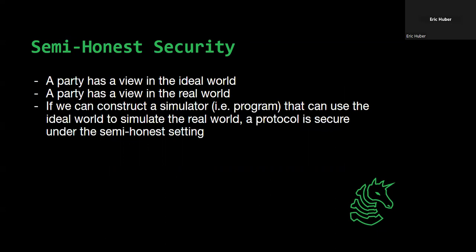And what semi-honest security is saying is: are we able to use what we see in our ideal world to reconstruct what we see in the real world? Because if we are, then that's really good. Basically what this is saying is you're not figuring out new information in the real world that you can't simulate or use what you see in the ideal world to compute.